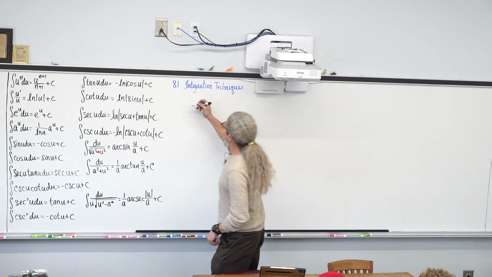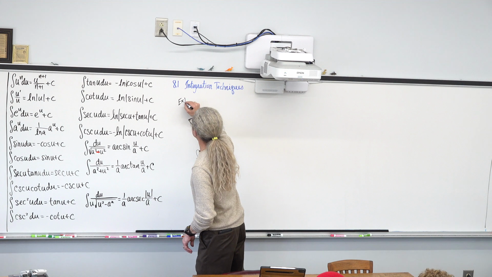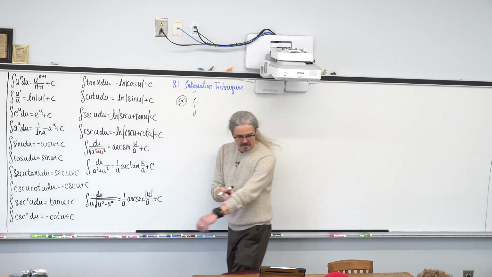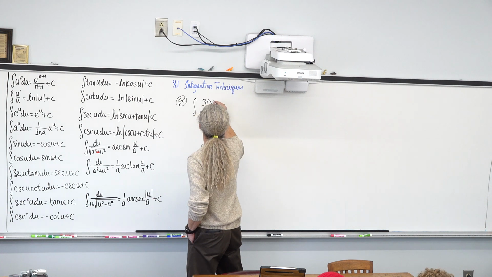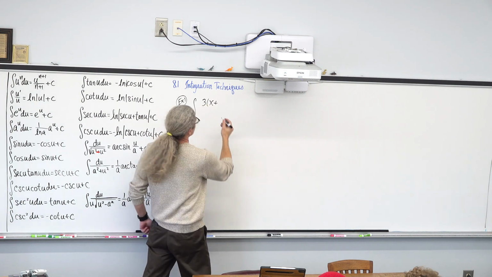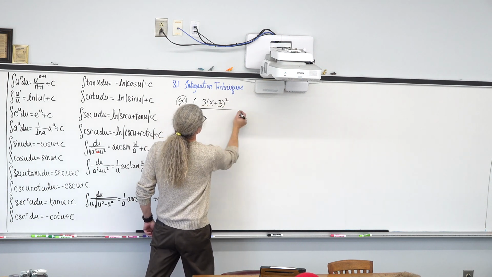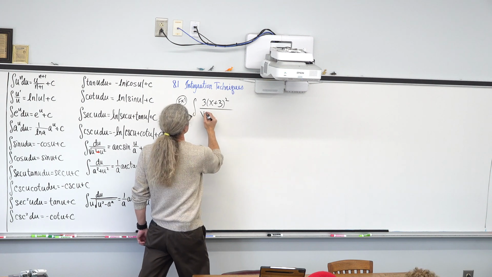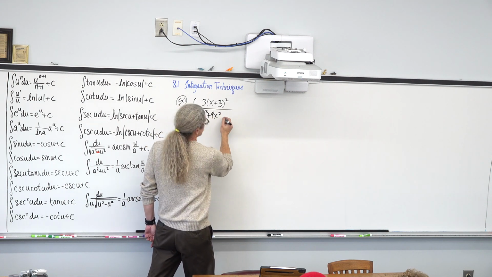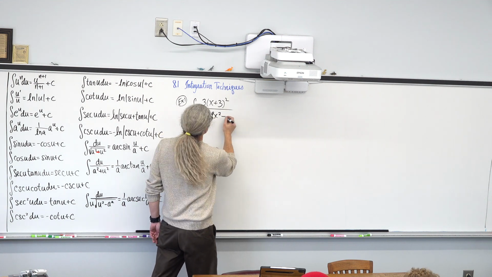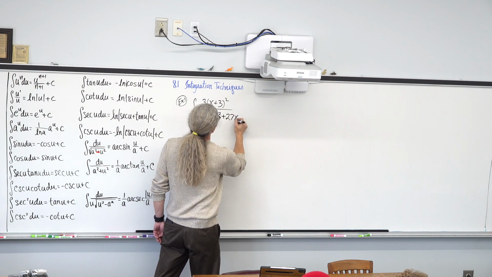We have here, for example, number 1, an indefinite integral of 3 times (x plus 3) squared over x cubed plus 9x squared plus 27x dx.